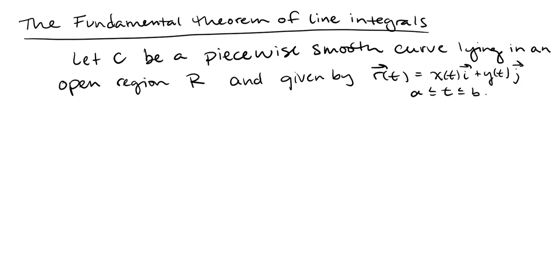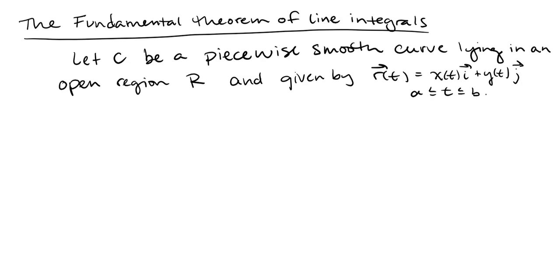First off, we're going to let C be some piecewise smooth curve lying in an open region R, and the curve C is given by r(t) = x(t)i + y(t)j, where t runs from a to b.